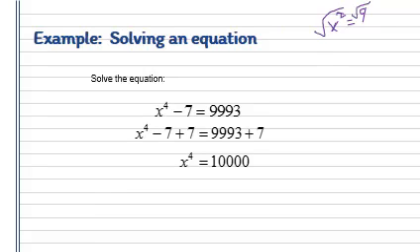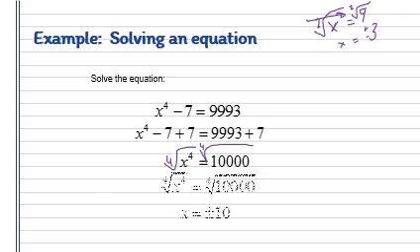Why can I put a radical? Because actually this is the square root. So in this case, it will give me x equals plus or minus 3. The same thing here I'm going to do. I'm going to put the fourth root like this, so it will give me x equals plus or minus 10.